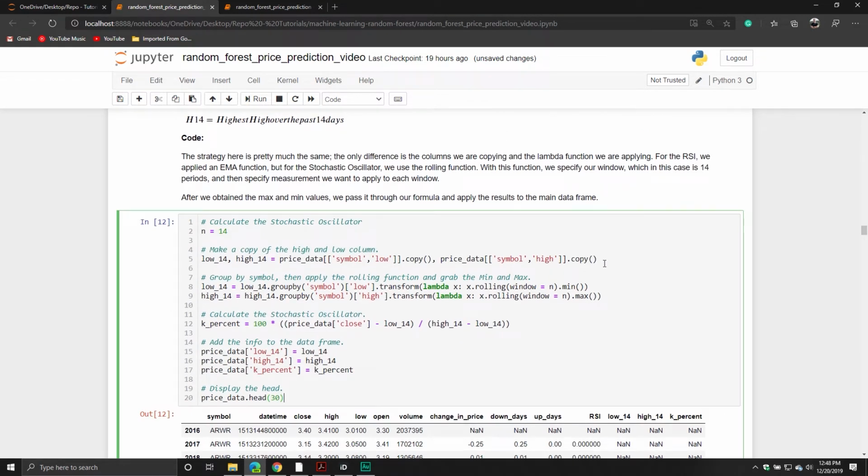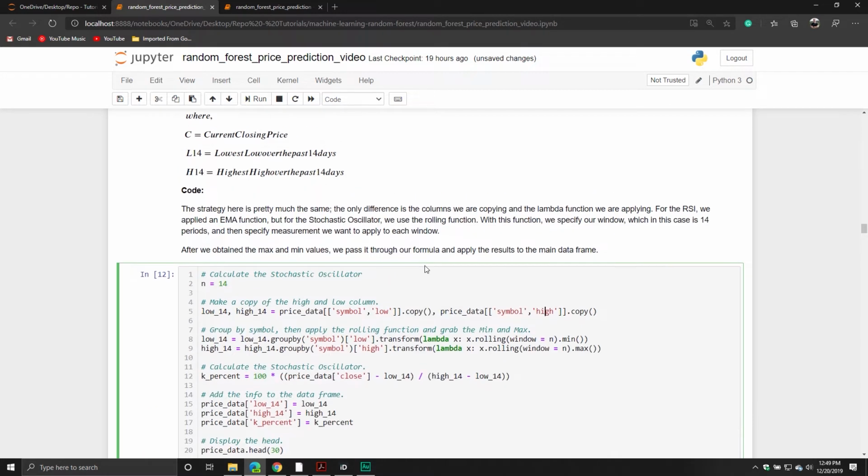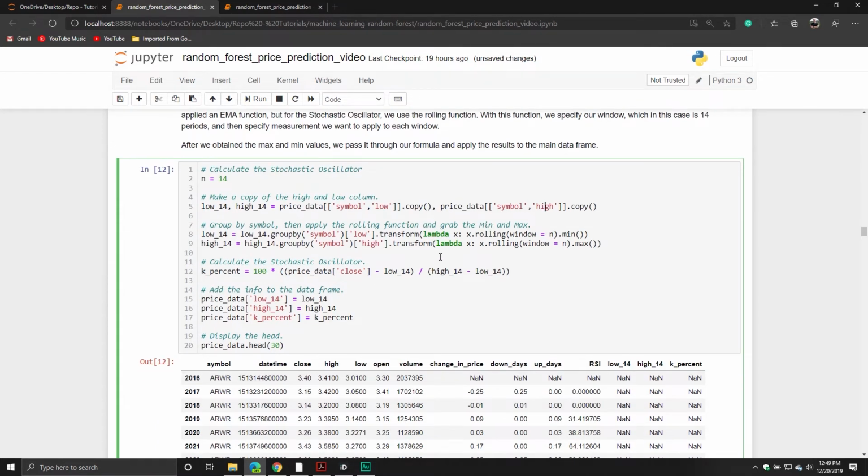And this one I make a copy again, but it does change a little bit. In my previous one, I was taking the closing price. Here, I'm going to copy my low column and then my high column. So in this case, it makes a little bit more sense to separate the two. For the one up above, maybe not so much. But again, this is just making it as consistent as possible.